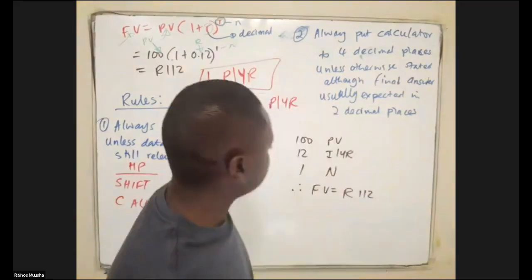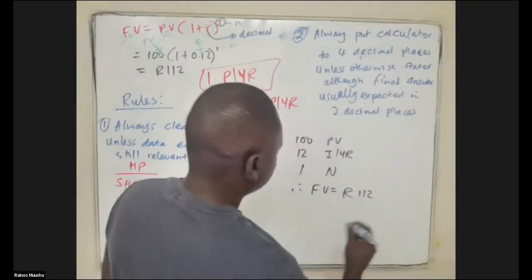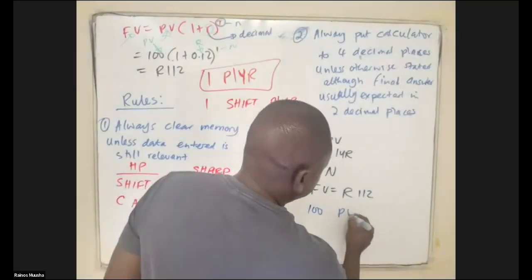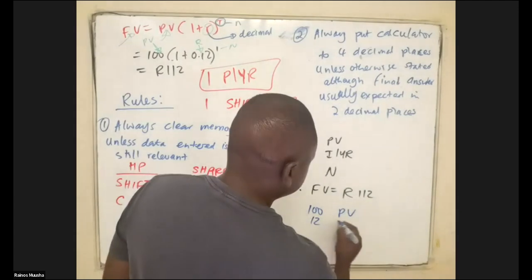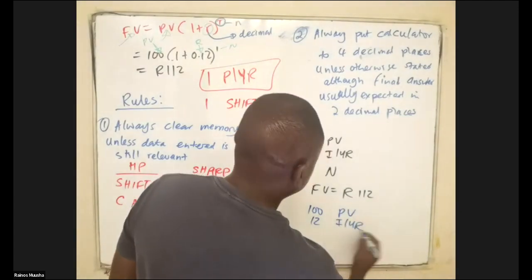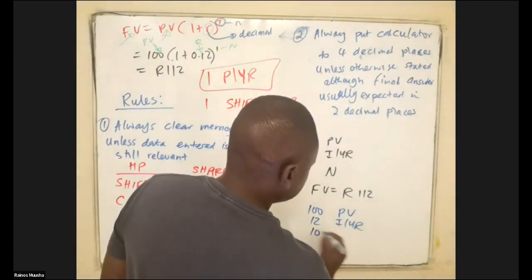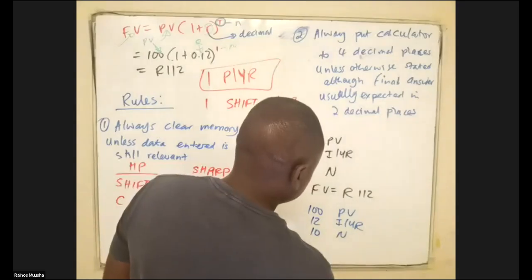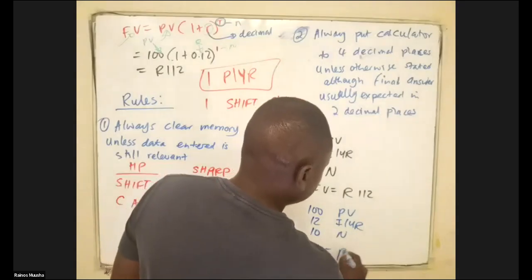So what do we see? We're going to say 100 is our present value, 12 is the interest per year, and 10 is the number of periods. Then you need to calculate the future value.